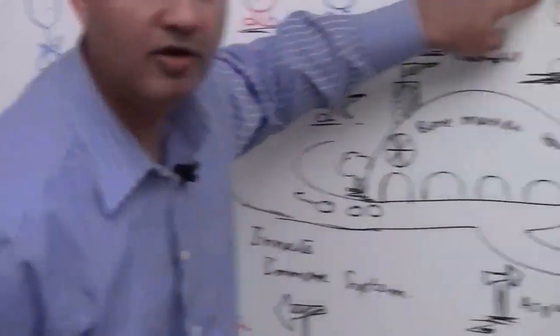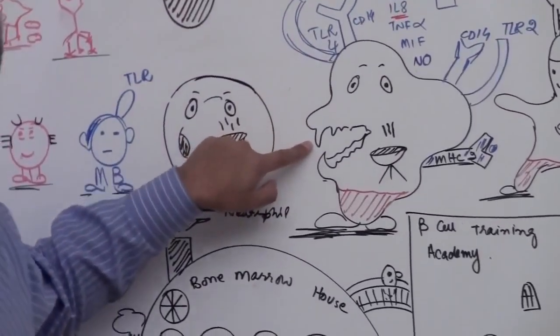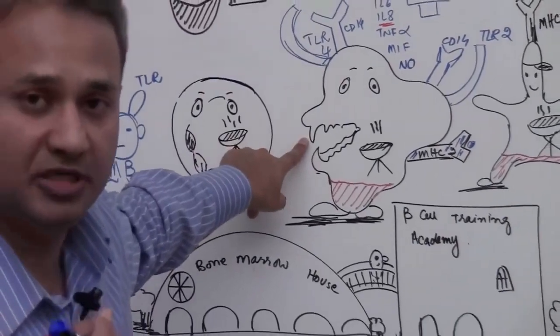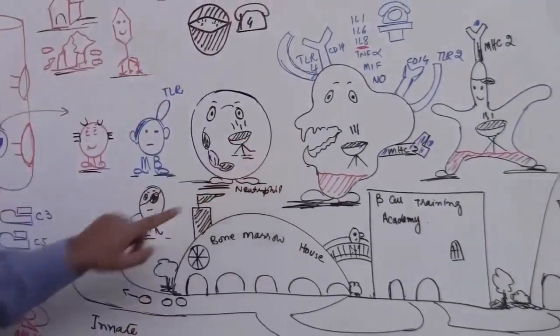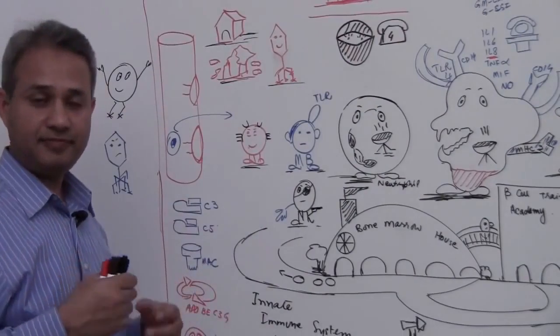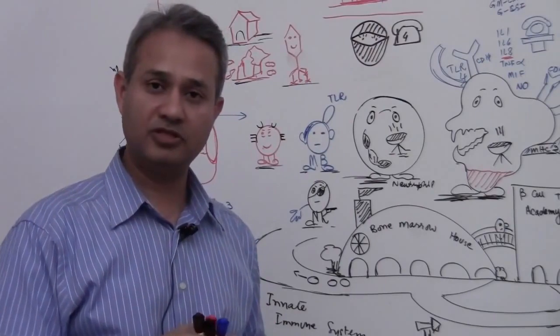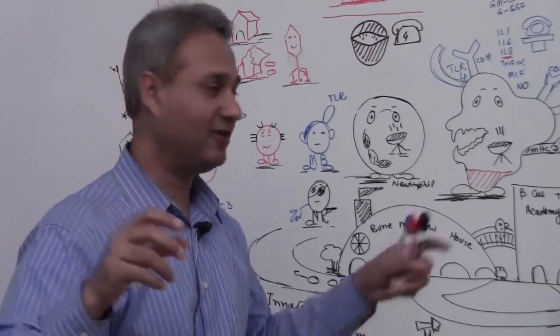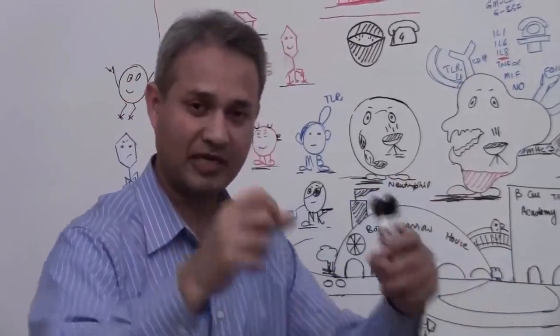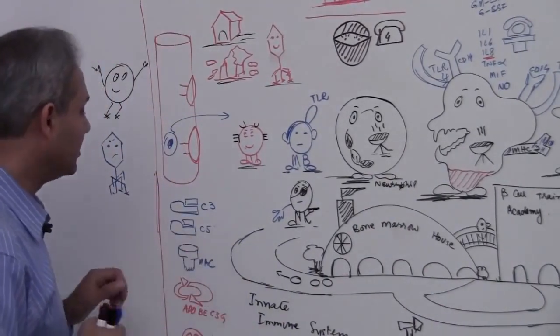The macrophage has a sweet tooth for C3b, as it can detect C3b on the surface of a pathogen and eat it. So this is like a flag. We attach that flag to a pathogen, we mark it, and then we have the cops who come and pick up the marked things. Right? So that is C3b.